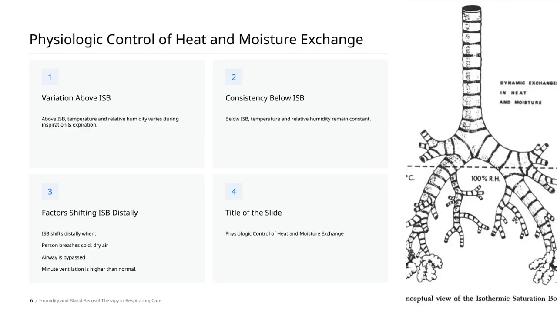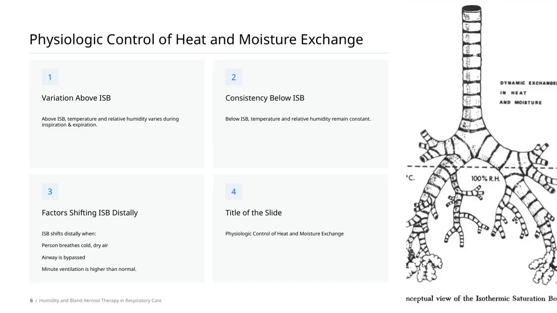Similarly, if the airway is bypassed, say with certain medical interventions, or if minute ventilation increases beyond normal levels, the ISB also shifts distally. Now, why does this matter? Well, below the ISB, the temperature and relative humidity of the inspired air stay pretty much constant. That means the airway's natural mechanisms are effectively maintaining humidity and warmth in that region.